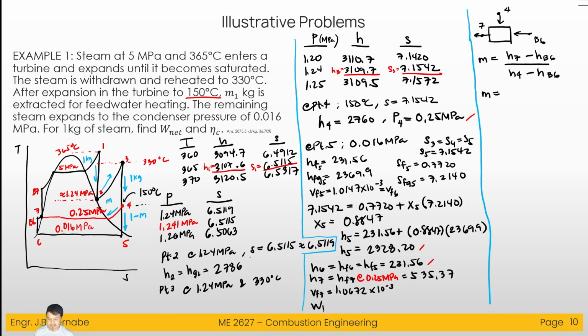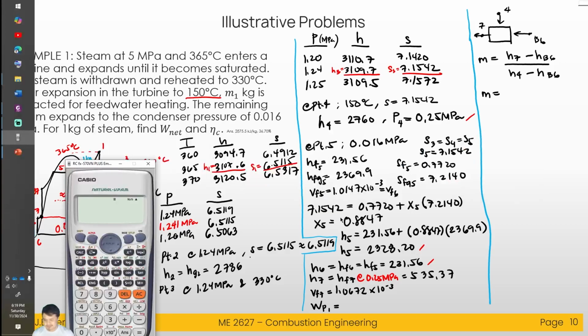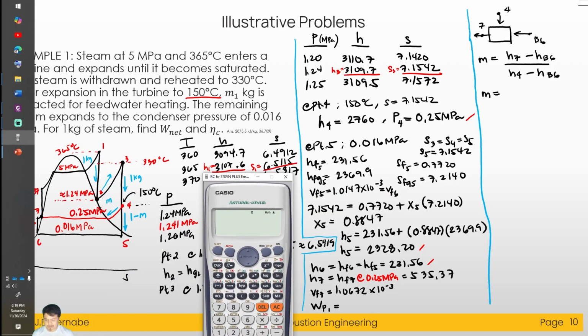So the pump work, pump work 1. We have two pumps here, pump 1 and pump 2. For the pump work 1, I'll just write the solution, I hope this is okay. So pump 1 is VF6, which is also equal to VF5.